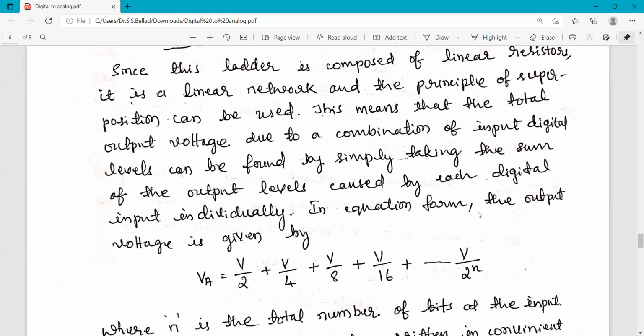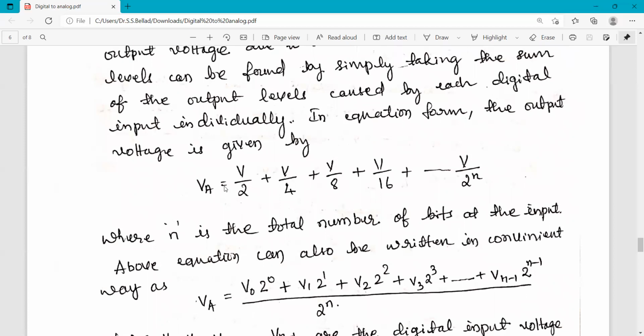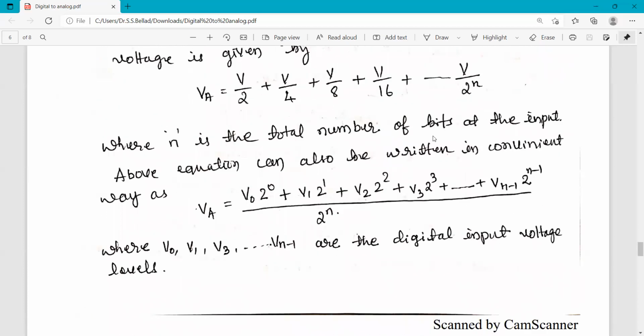So in equation form, the output voltage is given by VA equals V by 2 plus V by 4 plus and so on up to V by 2 raised to n. So these are the outputs of individual inputs, and to get the net output voltage, we have to sum all of them, where n is the total number of bits at the input.